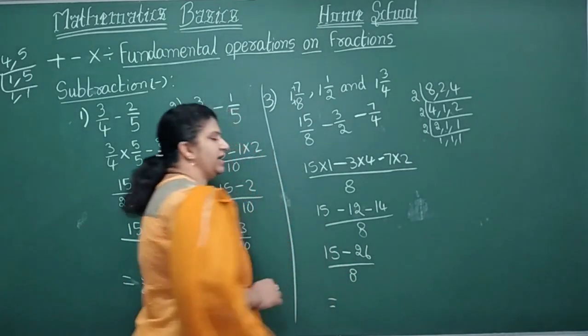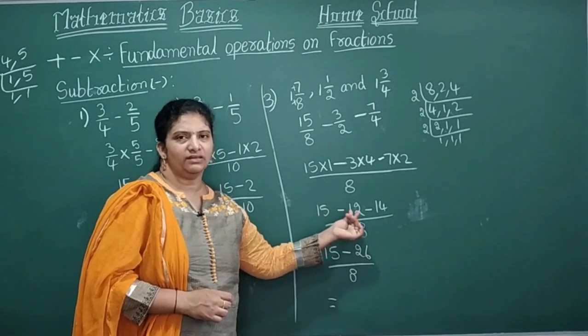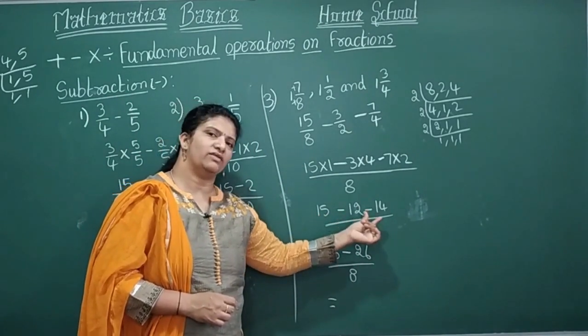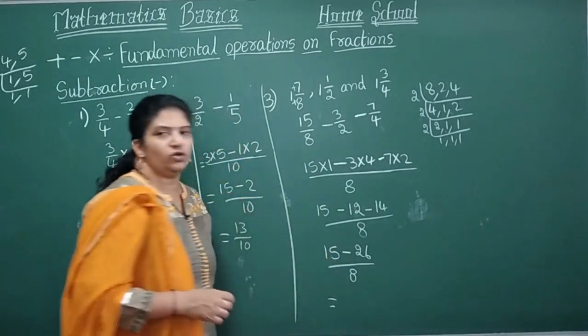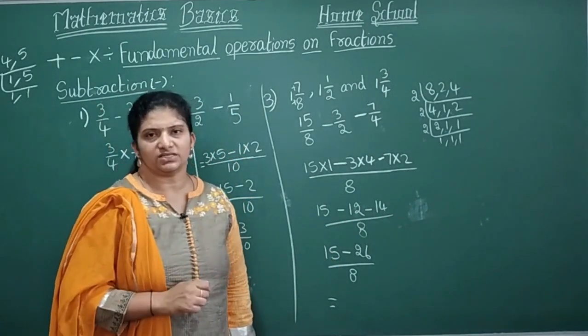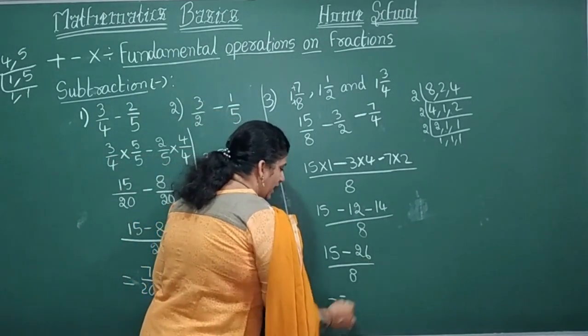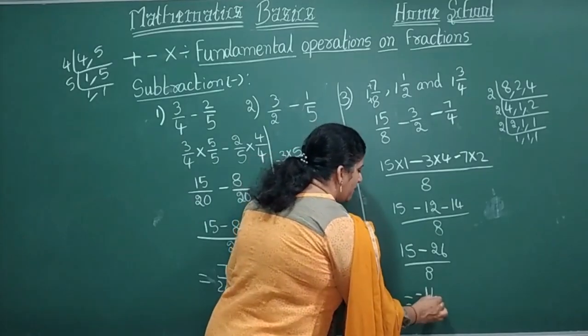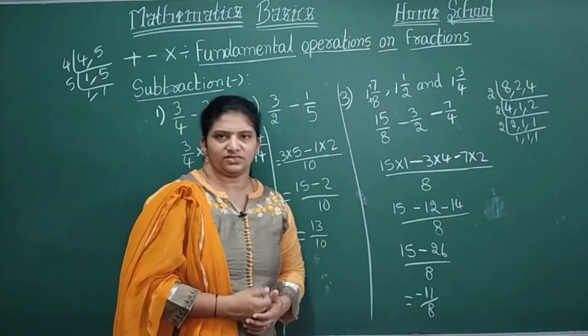Now subtract, or you can do this. 15 minus 12 will be 3. 3 minus 14 will be minus 11. So you cannot reduce 26 with 15. So what you are going to do, take a negative value, and what you get here is minus 11 by 8 is your answer for this.